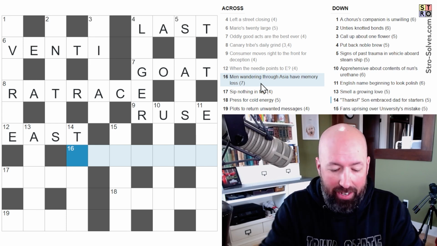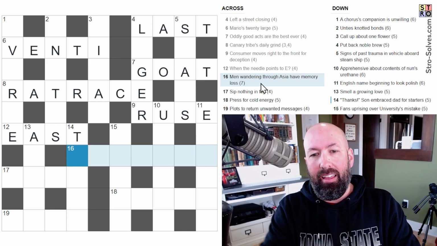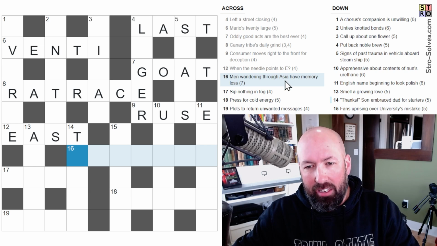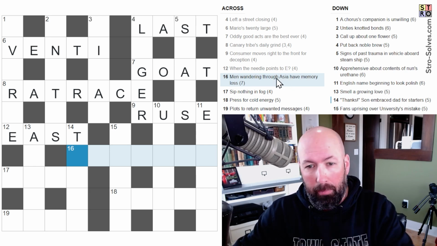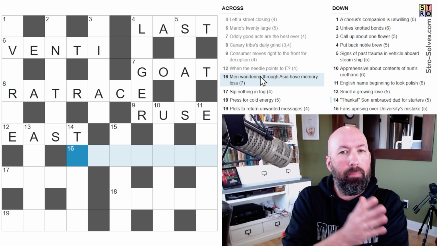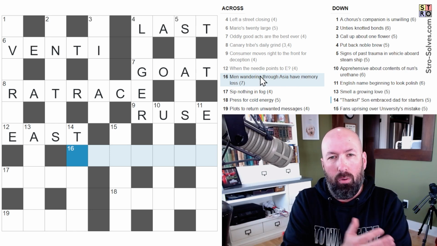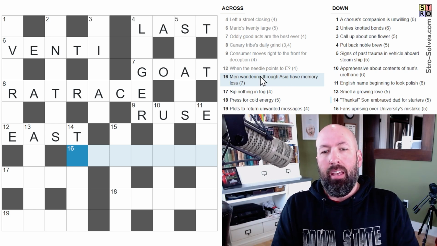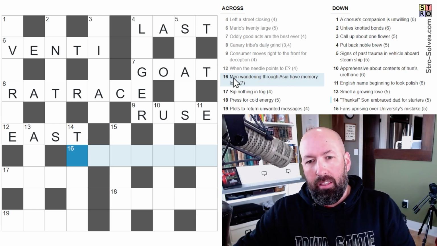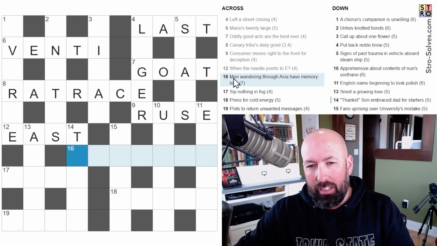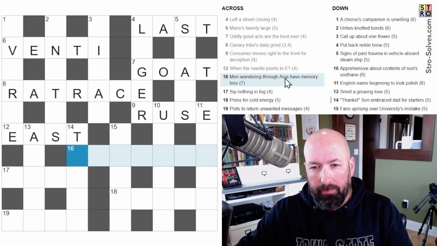So, knowing that Asia is probably in there as part of the wordplay, wandering is probably telling you anagram. And so this beginning you're thinking is probably the wordplay, right?